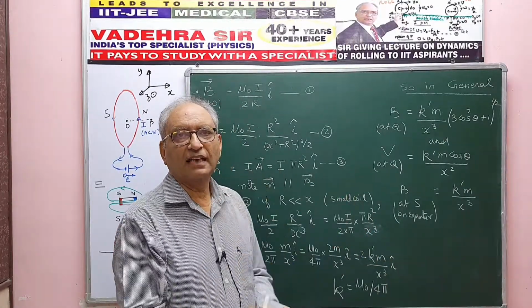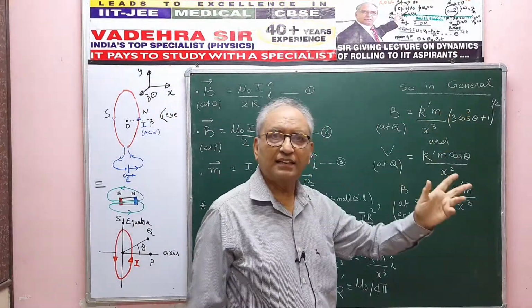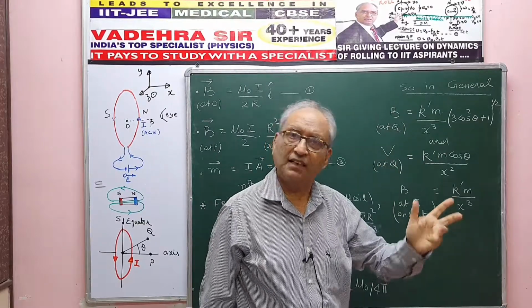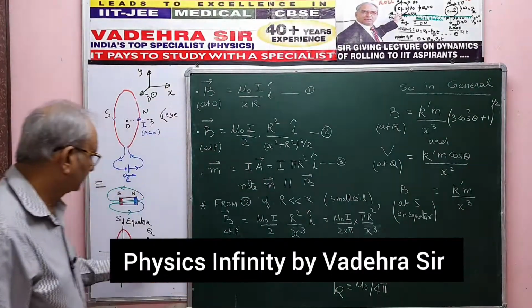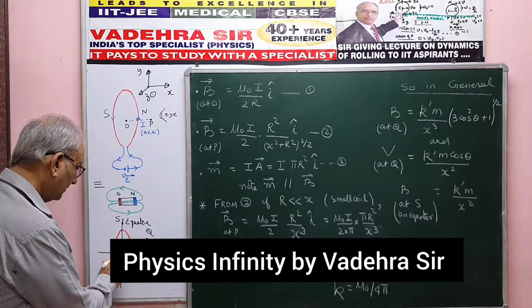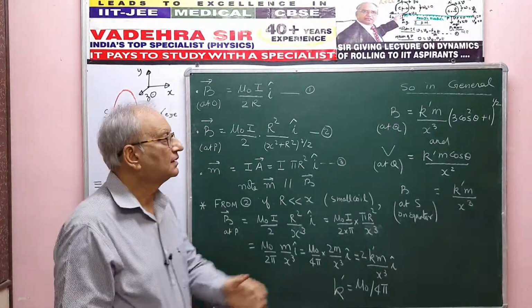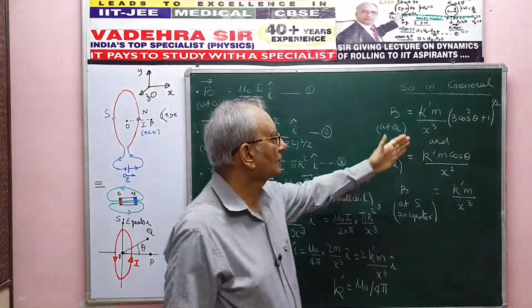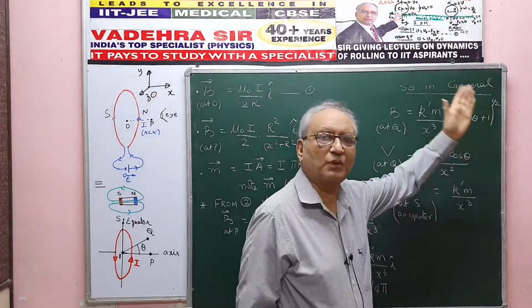Beautiful parallel, analogous approach. So in general, now once I have done that, just as in the electric dipole I showed you using polar coordinates, I can do the same. The magnetic field at Q, any general point whose position vector from O is x, then the magnetic field due to the dipole is k dash m by x cube into 3 cos square theta plus 1 to the power half.